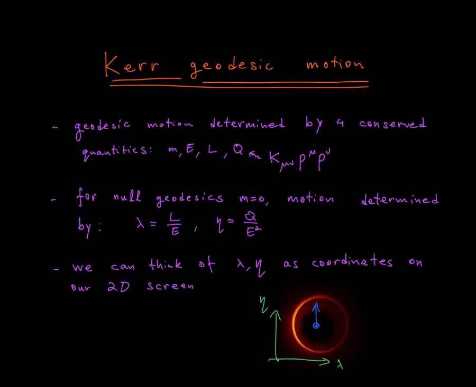So really, I wanted to give a very basic introduction to the photon ring as a general relativistic effect. So geodesic motion in the Kerr space-time is determined by 4 conserved quantities: the mass of the particle which is moving, the energy, the azimuthal angular momentum L, the angular momentum around the z-axis, the axis of the spin, and the Carter constant Q, which is the most non-trivial one of the constants.